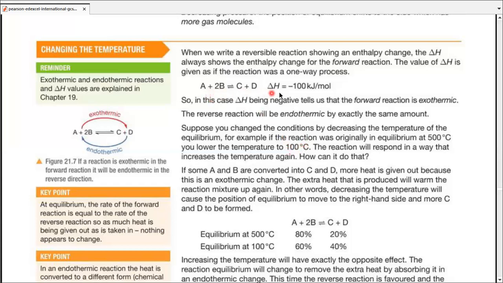Now, for a reversible reaction, if delta H is quoted as negative, it means the forward reaction is exothermic and the reverse is endothermic. What I'm trying to say is that delta H quoted for a reversible reaction is always for the forward reaction and not for the reverse one, and the reverse one would be exactly the opposite. Make sense? Yes.